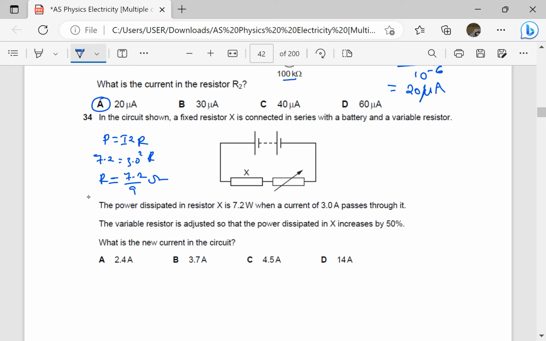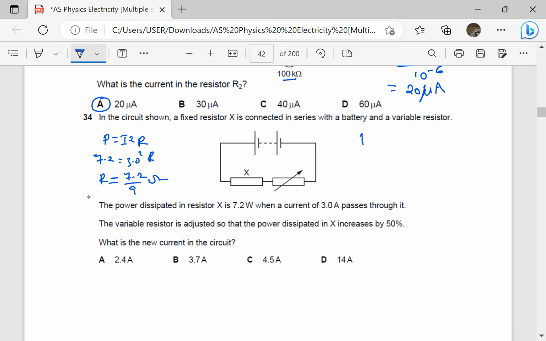Then the variable resistor is adjusted so that the power dissipated in X increases by 50%.